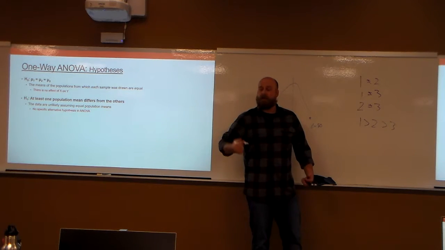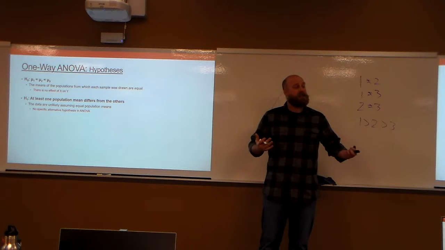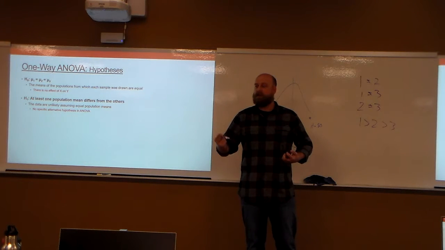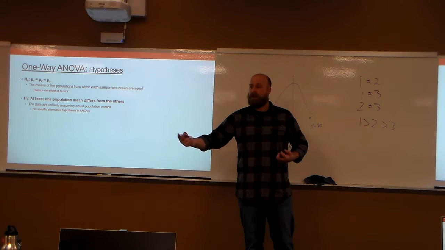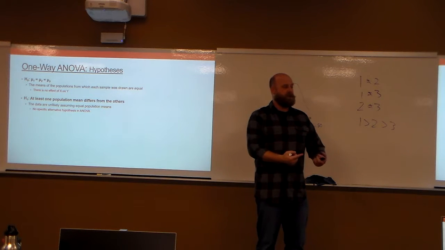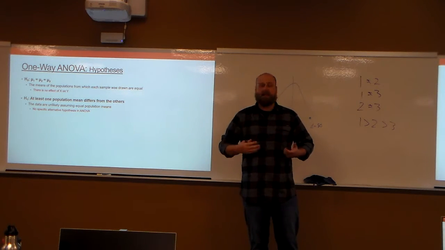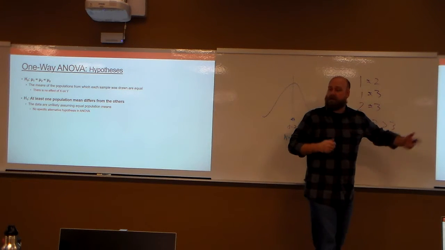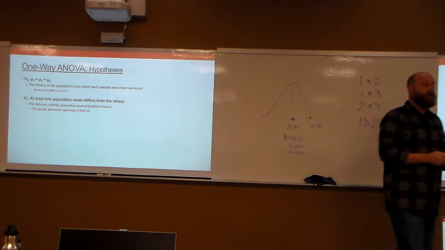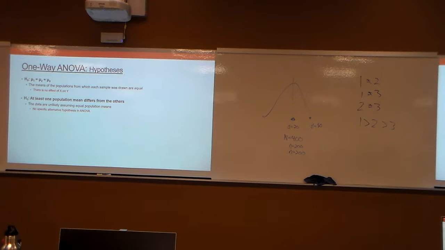Yeah, right. If we start getting into what we'll talk about in terms of contrasts later, right? That the combination of 1 and 2 is different than 3, or the combination of 1 and 3 is different than 2, right? So there are just a lot of different ways that this null hypothesis could be false, right? And so when we're trying to specify our alternate hypotheses, I can't provide the statistical notation, the specific alternate hypotheses.